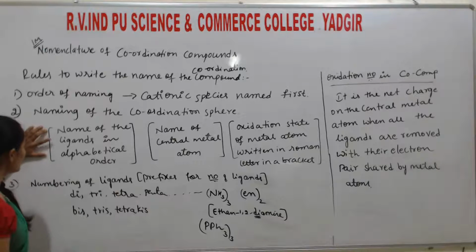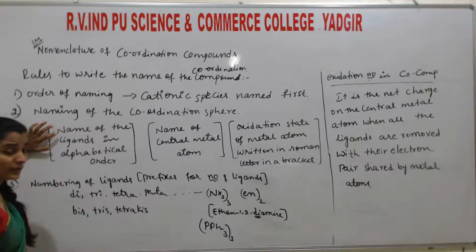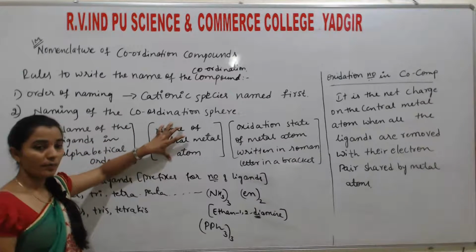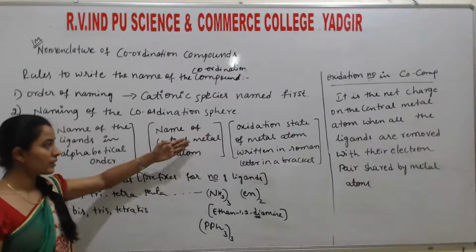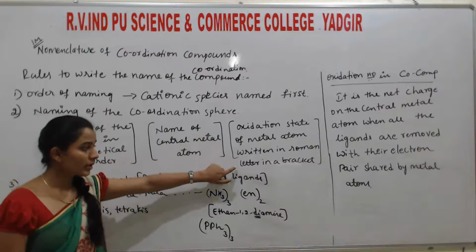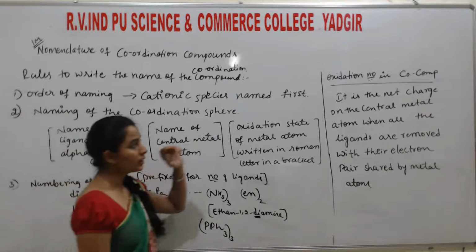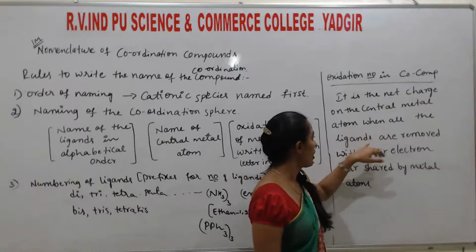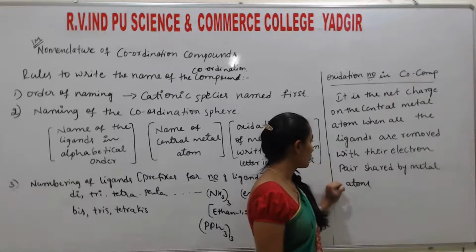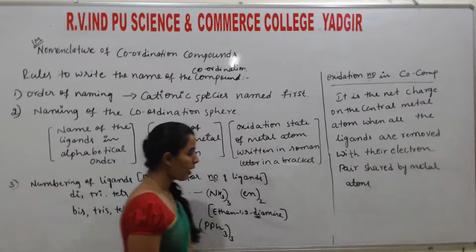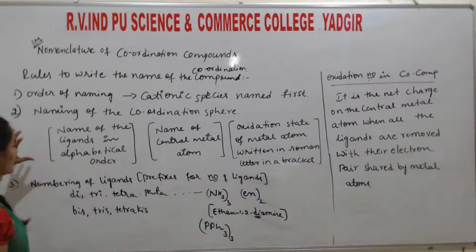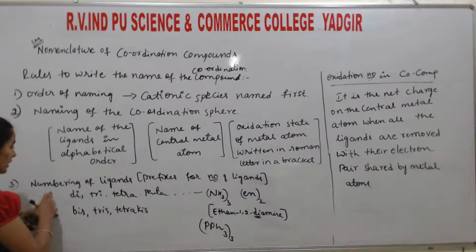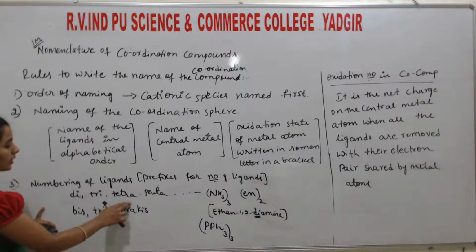If anionic, then the name ends with -ido, right. Then the name of the central metal, again whether the complex is anionic or cationic, and then the oxidation state. What is oxidation state? It is the net charge on the central metal atom when all the ligands are removed with the electron pair shared by the metal atom. Once we know the oxidation state and the ligands, we have to write the number of ligands, with the numbering done as di, tri, tetra, penta.